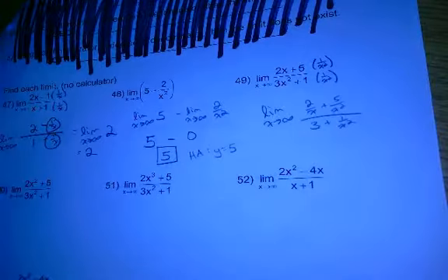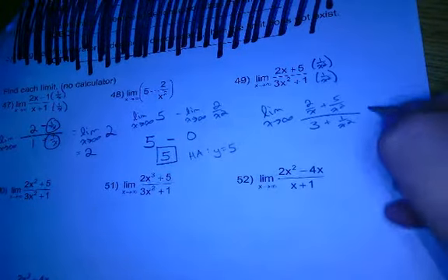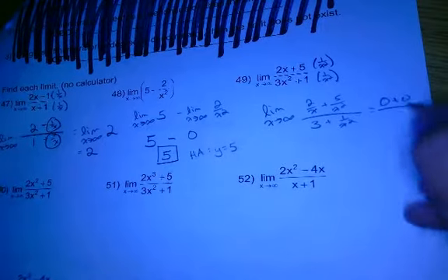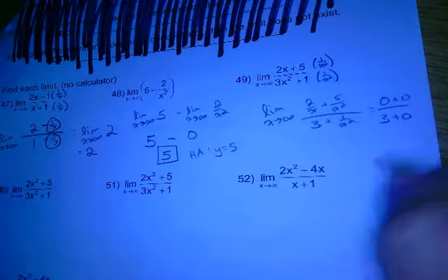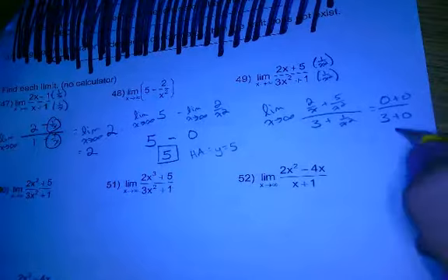What happens to those two terms in the top? They zero out. So I'm going to get 0 plus 0 over 3 plus 0. The answer is 0.